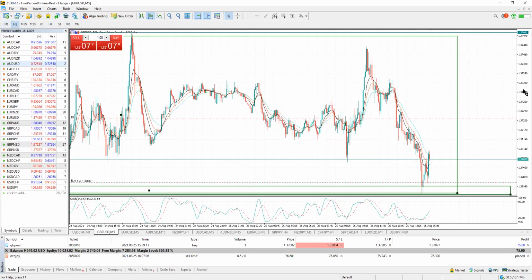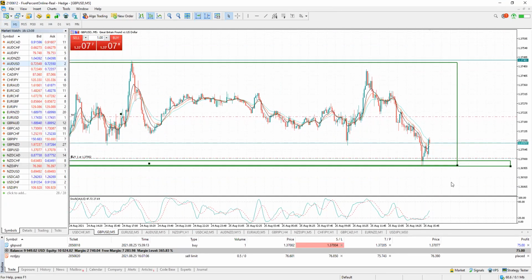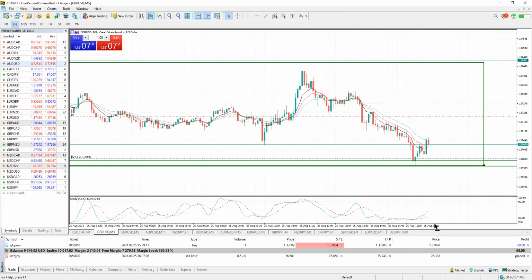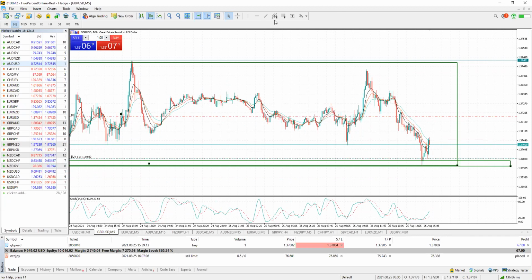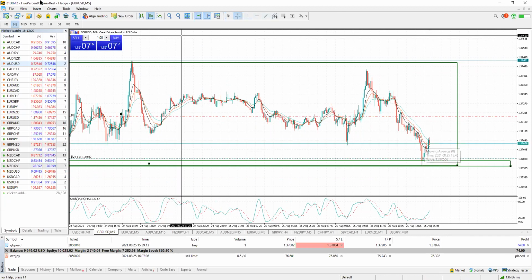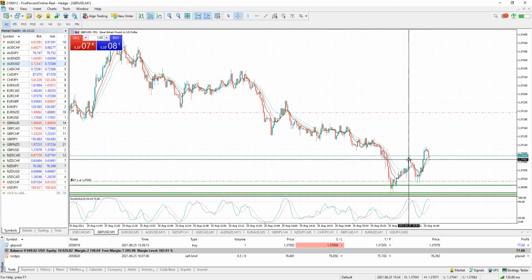I'm checking the price action. Actually, the price is struggling at the moving average here. Yeah, I will hold. Actually, we made a higher high here.